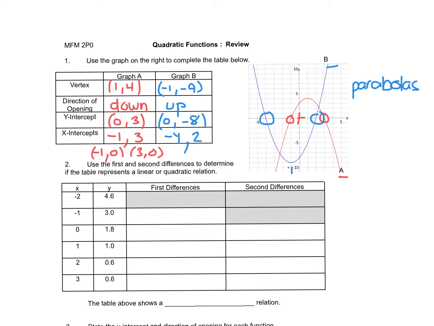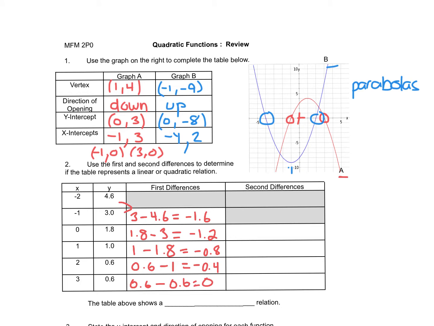First and second differences is from our first day. So where we take 3 and subtract 4.6, and we get a value of -1.6. 1.8 minus 3 is -1.2. 1 minus 1.8 equals -0.8. 0.6 minus 1 equals -0.4. 0.6 minus 0.6 equals 0.